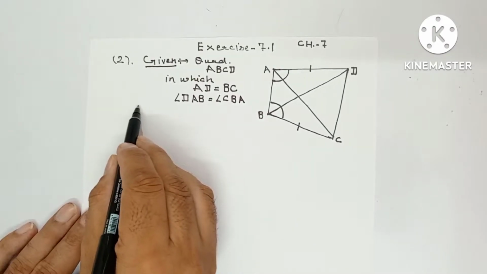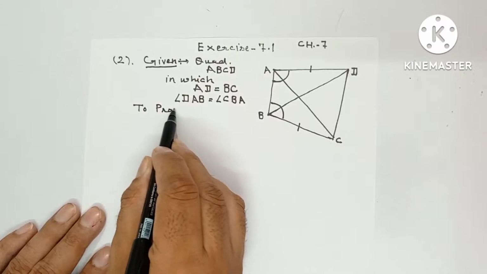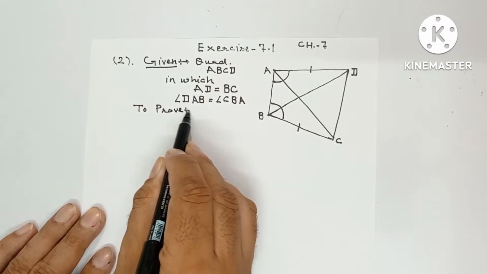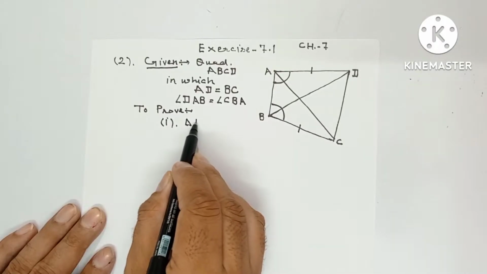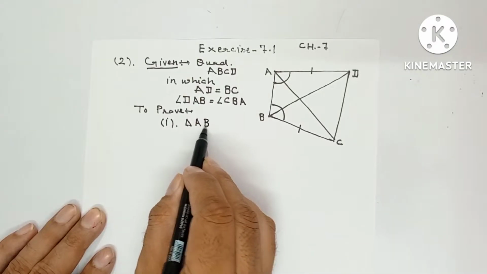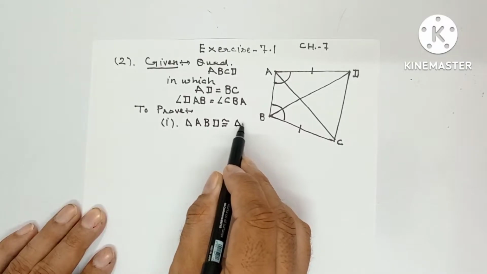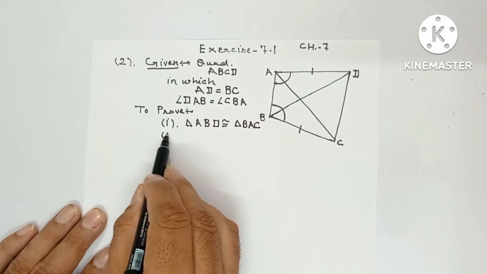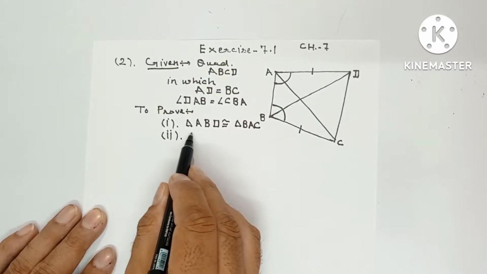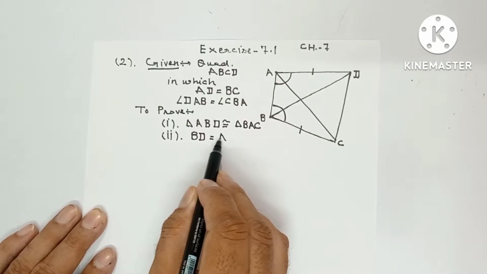And to prove, there are three parts. Part number 1, triangle ABD is congruent to triangle BAC. Part number 2, BD and AC are equal.